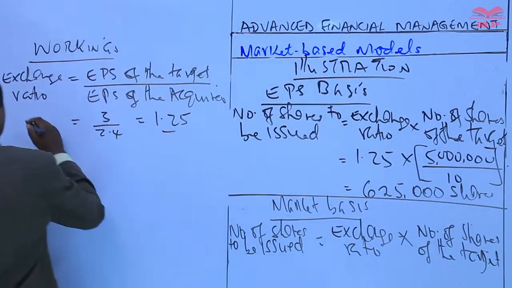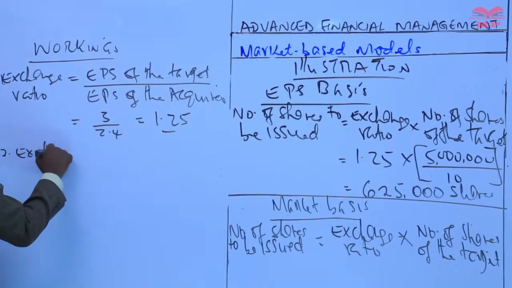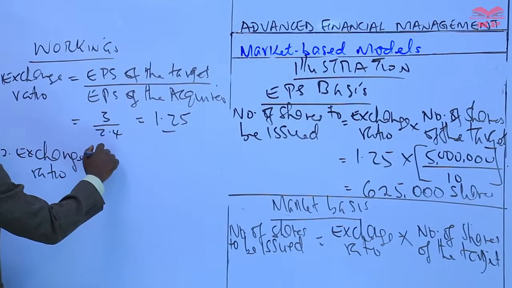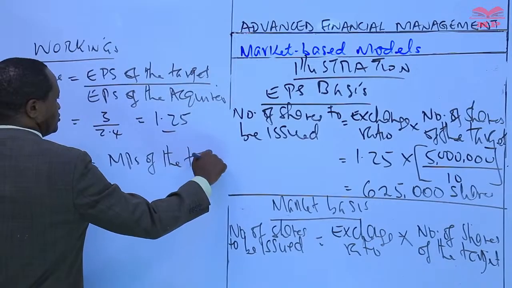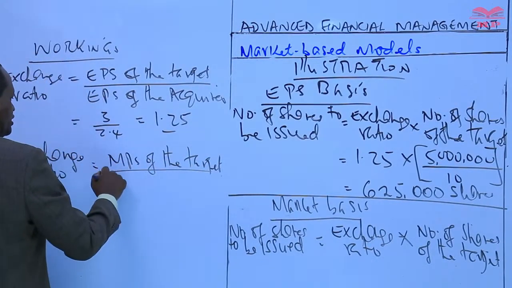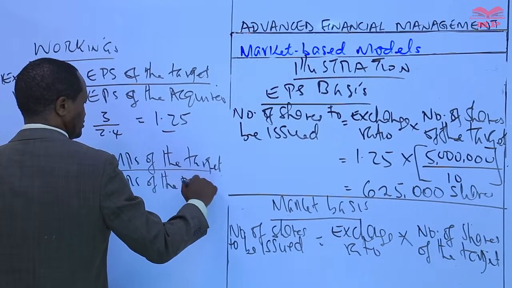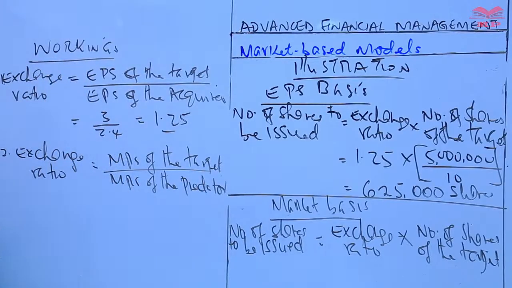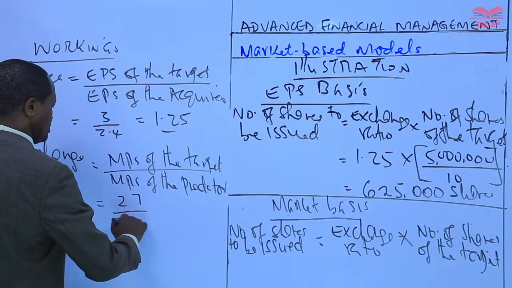So this is working 1. Working 2, the exchange ratio: we take the MPS of the target divided by the MPS of the predator or acquirer. What is the MPS of the target from the question? It is 27 and 24.